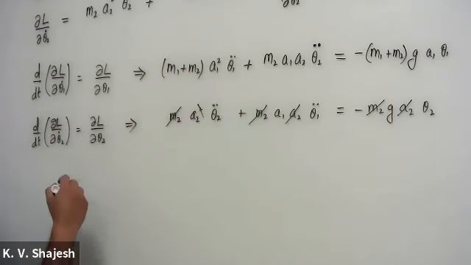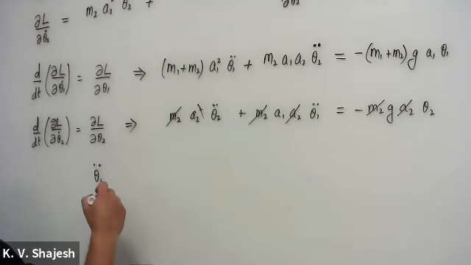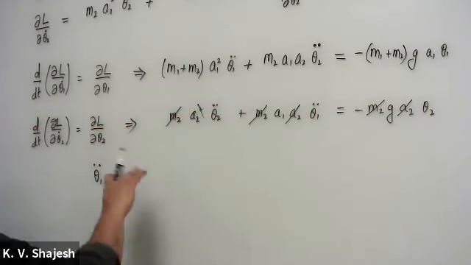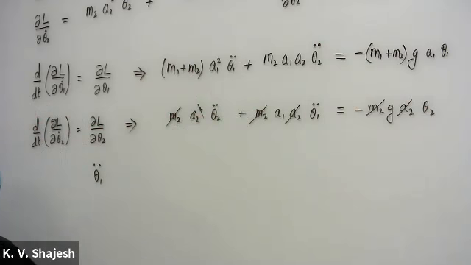So what I have is, in the first equation, theta 1 double dot plus, and let me have theta 1 on the left hand side and theta 2 on the right hand side. So that's M1 plus M2 divided out.